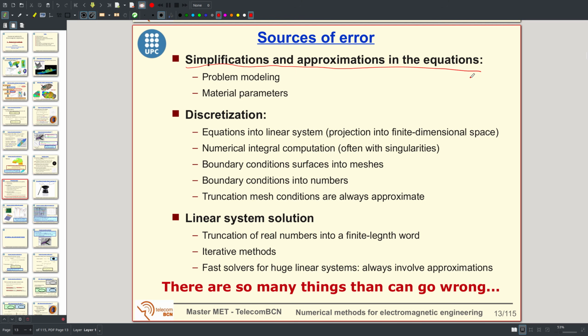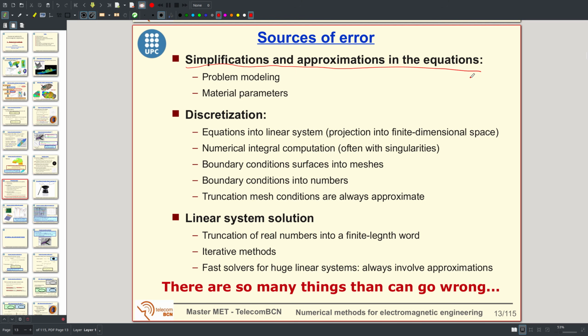For example, the object may not be perfectly homogeneous. There can be uncertainties in the knowledge of the constitutive parameters epsilon and mu. The shape of the object cannot be exactly spherical or whatever. There may be errors; we don't know exactly the shape of the object.